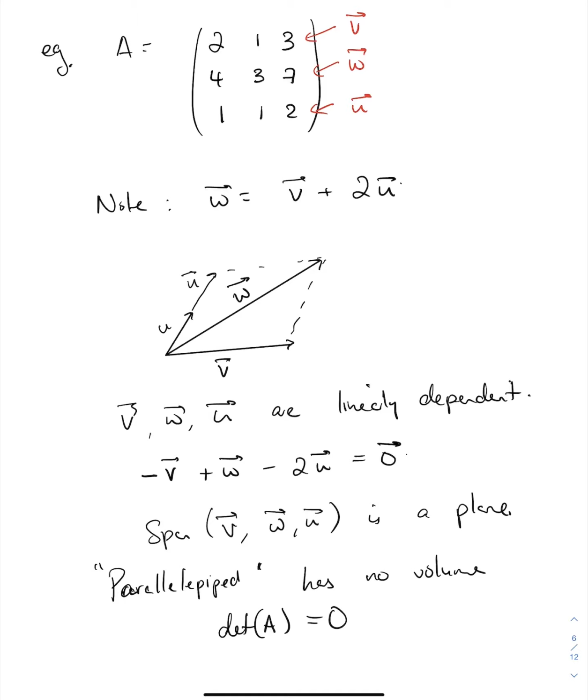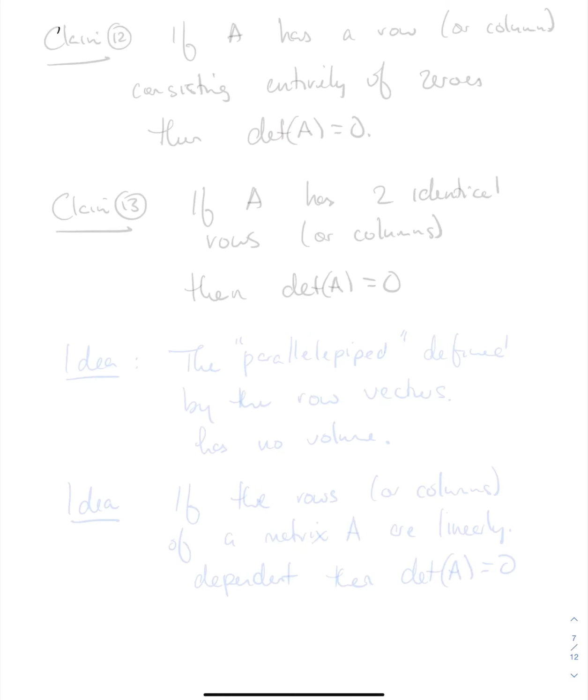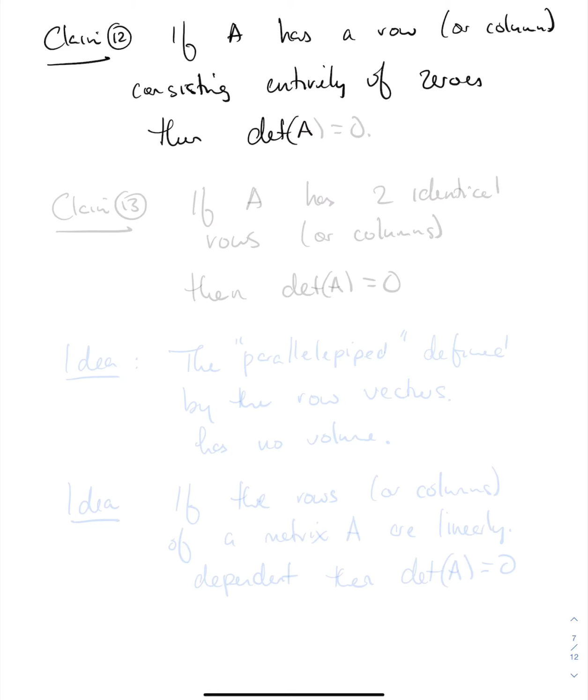Let's look at some of our claims from earlier lessons. Claim 12, if you remember. If A has a row or column consisting entirely of zeros, then the determinant of A is equal to 0.